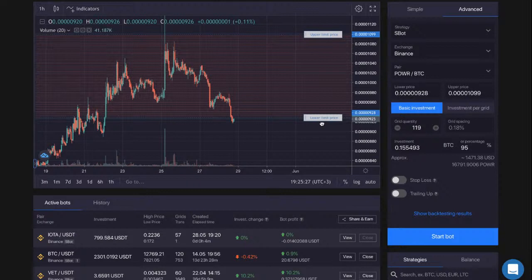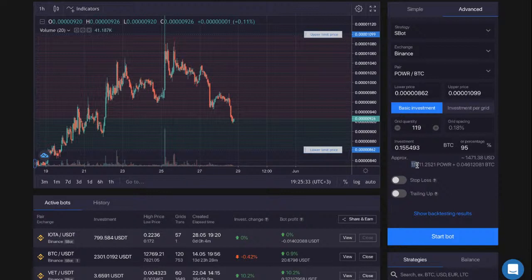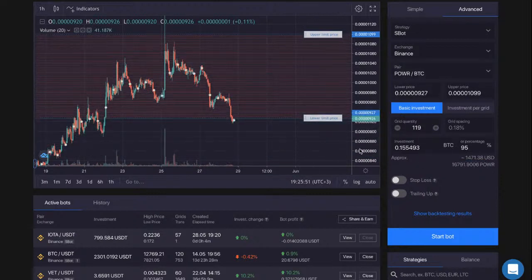Notice that if I had the buy side, in this case, I would have a slightly different investment distribution. I would have that amount of power, and I would have 0.04 BTC in the buy side to buy the power. So this is how it works.